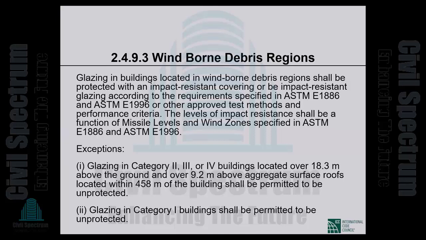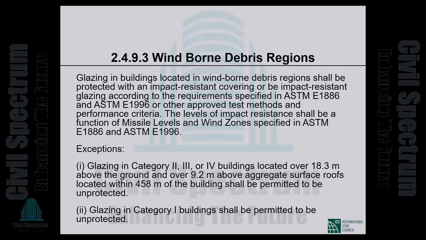Windborne debris region. Glazing in buildings located in windborne debris region shall be protected with an impact-resistant covering or be impact-resistant glazing according to the requirements specified in 18, etc., etc. So the way it is, for the first 30 feet of a building's height, 30 feet is 9.1 meters or something, the glazing or the covering has to be able to withstand the impact of large missiles.